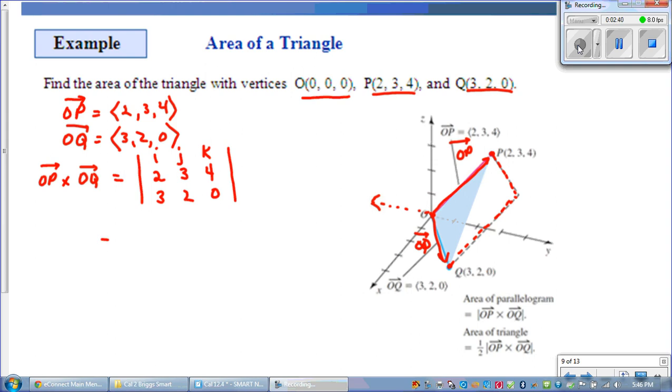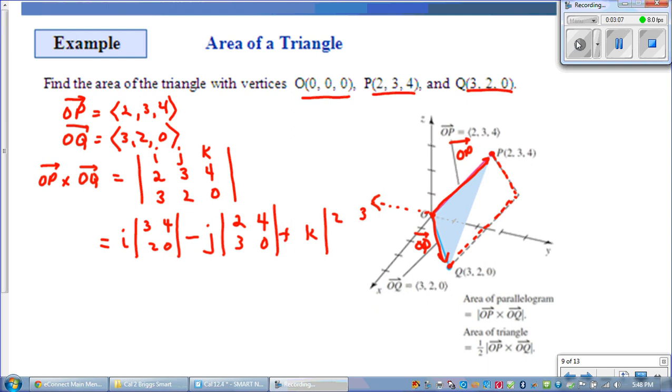We're going to do a cofactor expansion. We'll have i times the determinant with 3, 4, 2, 0. Remember, mark the row and column out that contain i, minus j times the determinant 2, 4, 3, 0, plus k times the determinant 2, 3, 3, 2.